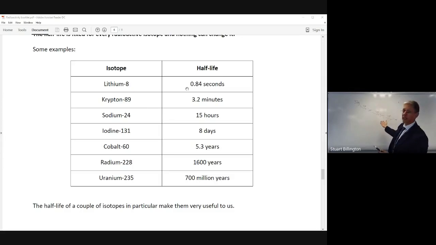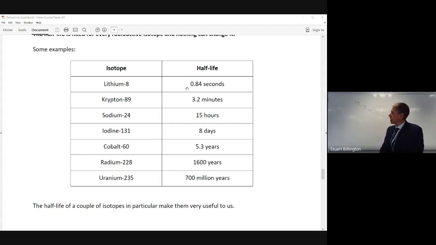If this is cobalt-60, it'll always have a half-life of 5.3 years. That's the number that we've measured for cobalt-60. The crucial point is half, half of a half, half of a half of a half. It's always a fraction each time.